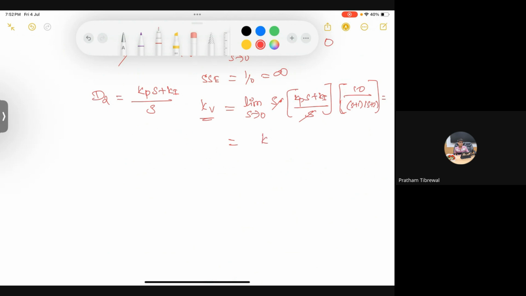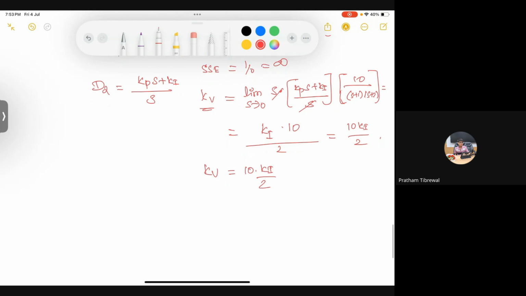Then I will have Ki into 10 divided by 2, so this will become 10 Ki by 2, some finite value. I have this confidence. I will come back to that Ki later.